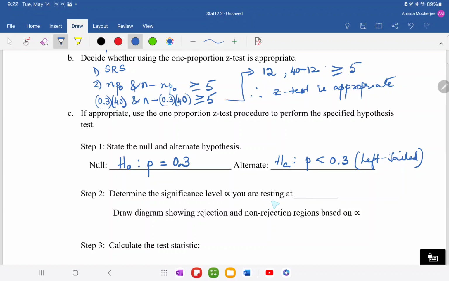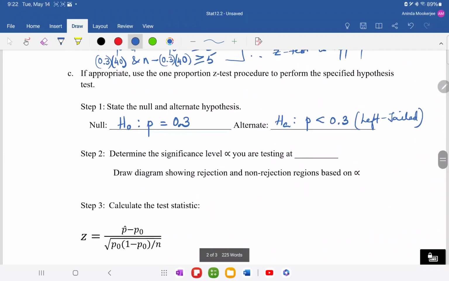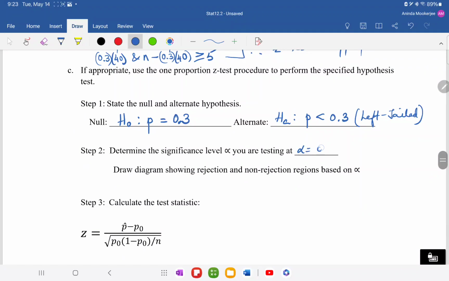Determine the significance level alpha at which we are testing. It's 0.10. So alpha equals 0.10. If they ask you to draw a diagram, quickly draw a diagram of a left tail test. In a left tail test, the reject region is going to be on the left. So it's going to be reject, and then do not reject is going to be the other side of the dashed line, and the area is 0.10.